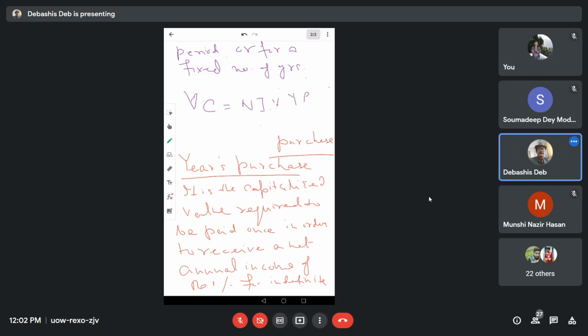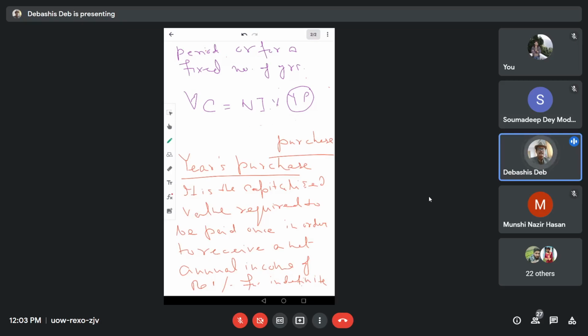Years purchase is the capital value for obtaining rupees 1 at the end of each year. Now the problem will be like this: from a building you are receiving 2 lakhs per year, calculate the valuation.